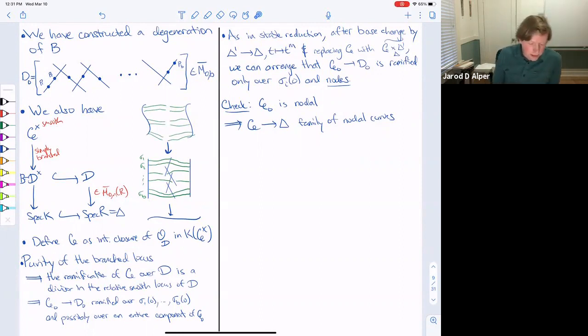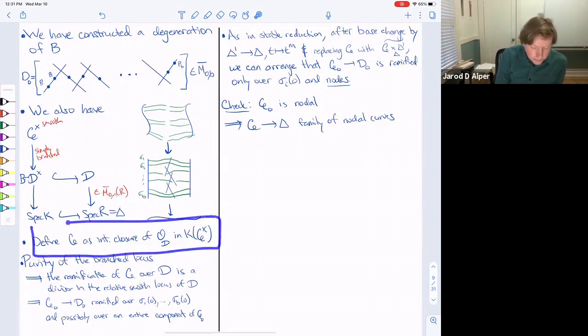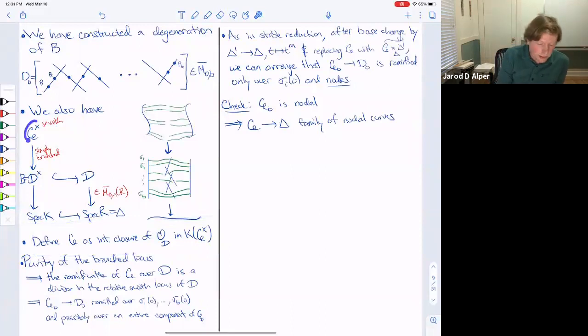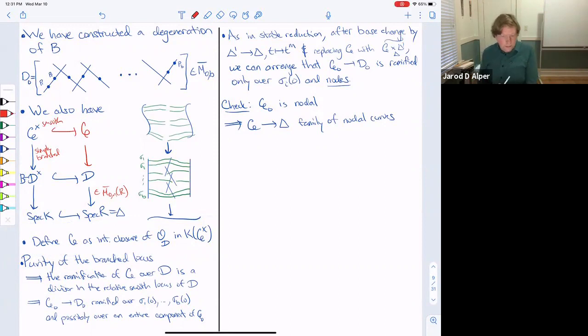So that's the first step. What you can do is extend the simple branch covering by defining C to be the integral closure, the normalization of OD inside the fraction field of the family C star. That gives a family C over D, and we'd like to understand that central fiber.